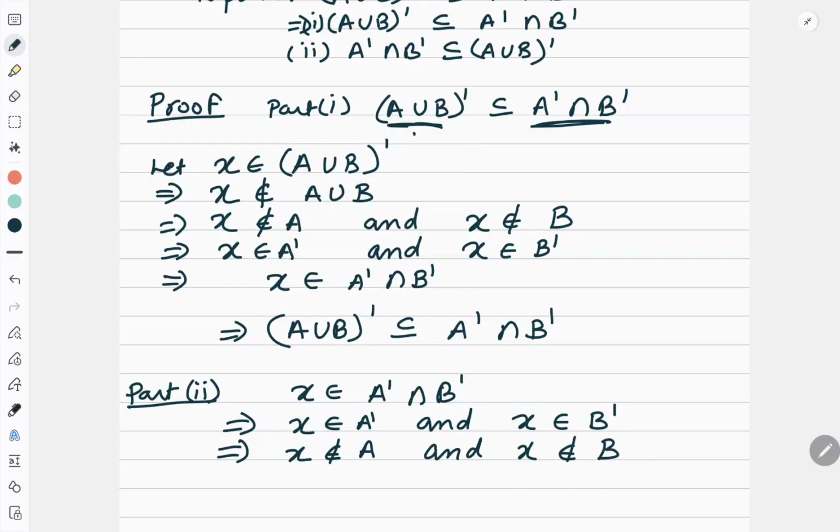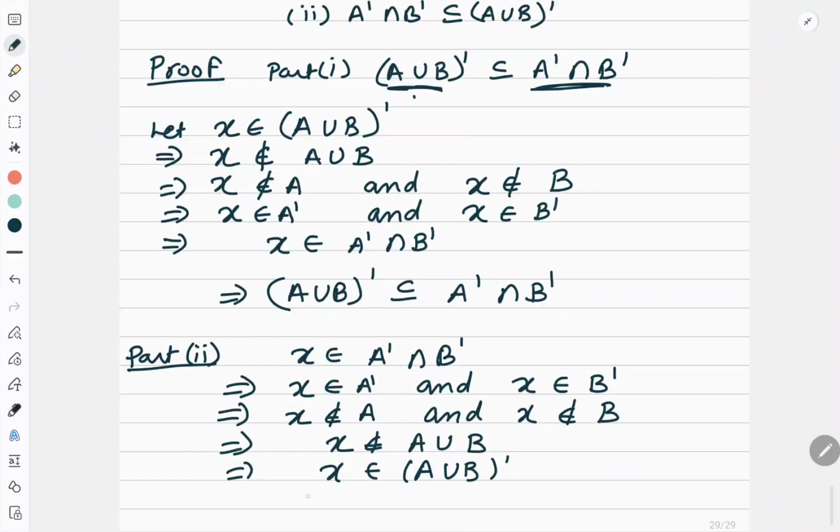Okay, now again apply the reverse of union. If X is not in A and X is not in B, it means X does not belong to A union B. Implies X belongs to (A union B) complement. So what did I get?